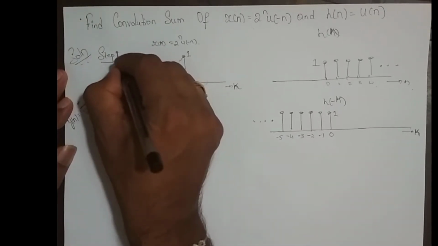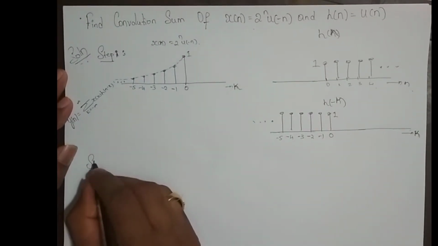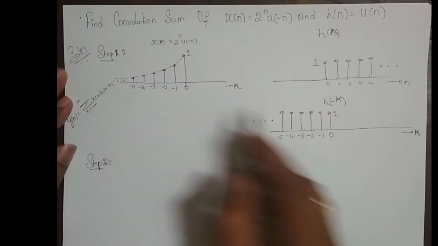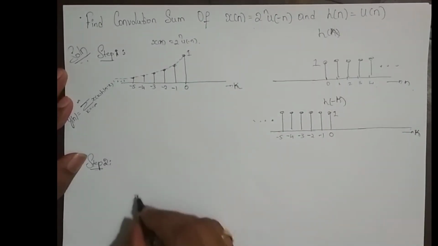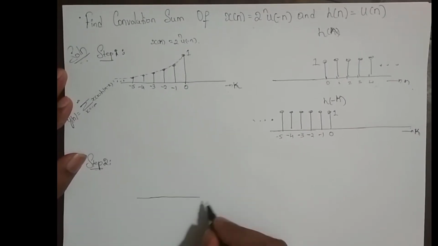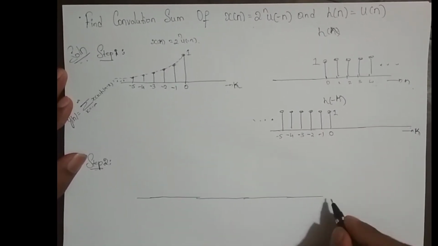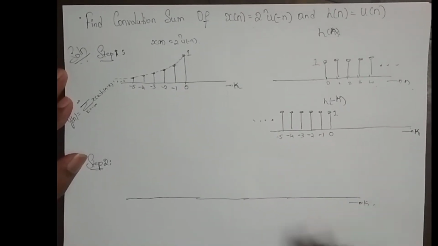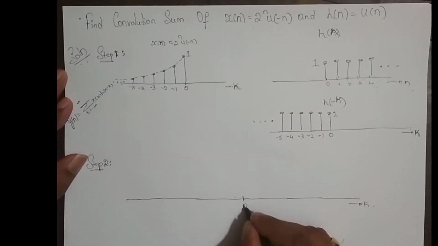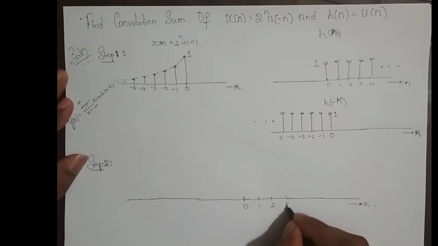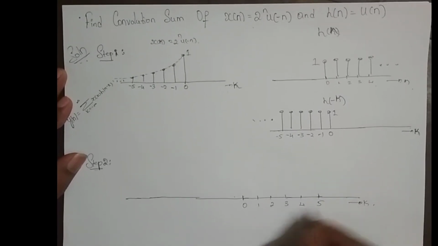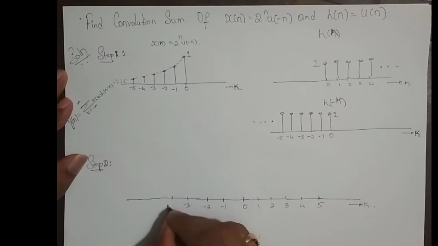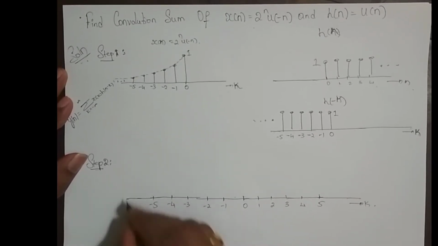I have to bring both x of k and h of minus k in the same independent variable k, right? So 0, 1, 2, 3, 4, 5, minus 1, minus 2, minus 3, minus 4, minus 5, so till minus infinity to plus infinity.